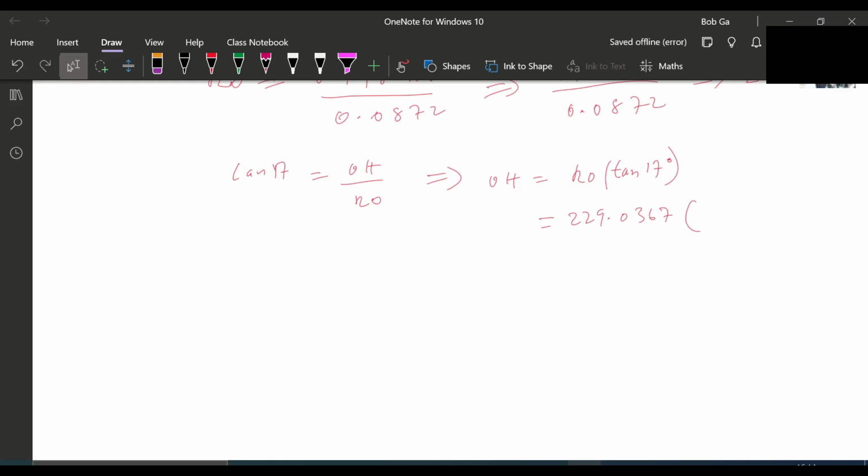Let's calculate what tan 17 gives us. Give me a second there. Tan 17 gives me 0.3057. We multiply that by 229.0367, and this is going to give me 70.0165.